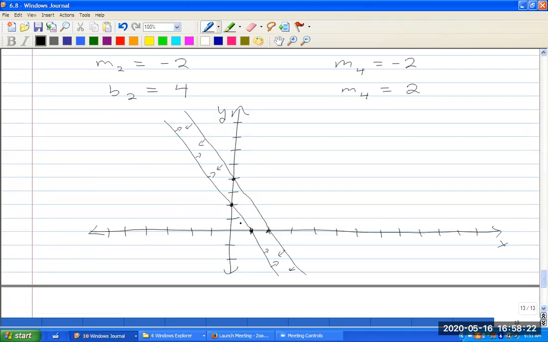So it goes over 2, down 1. So it has to look something like this. Just like that.